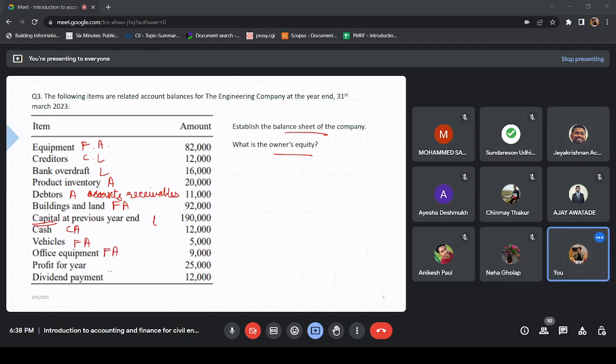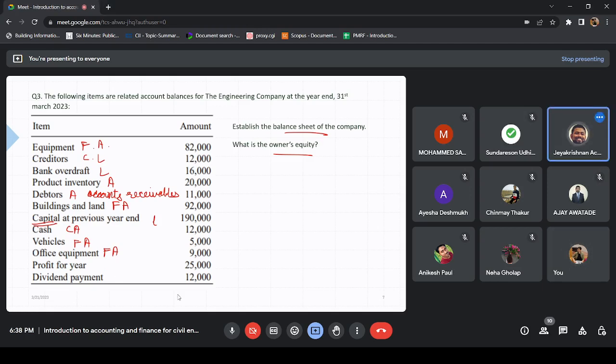Profit for the year and dividend payment. Where will these two terms go? Profit is a liability, and what about dividend payment? Coming back to these two terms: what you have to make is a balance sheet, and in the balance sheet there is no head for profit or dividend. You have heads like assets, liabilities, stock, then expenses and income.